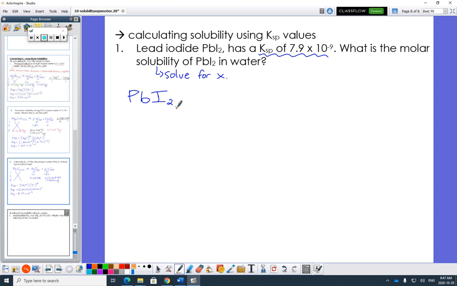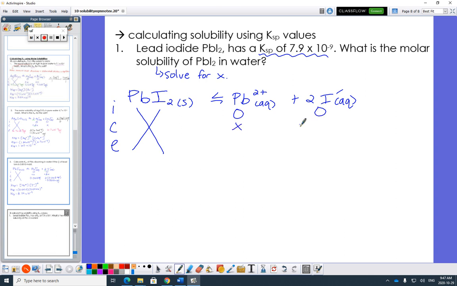So it tells you lead iodide is the solid. So now you're given the KSP.